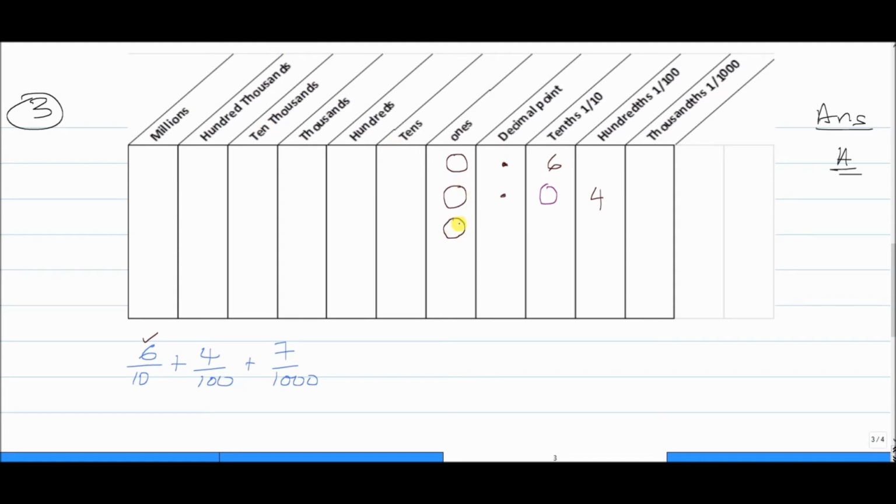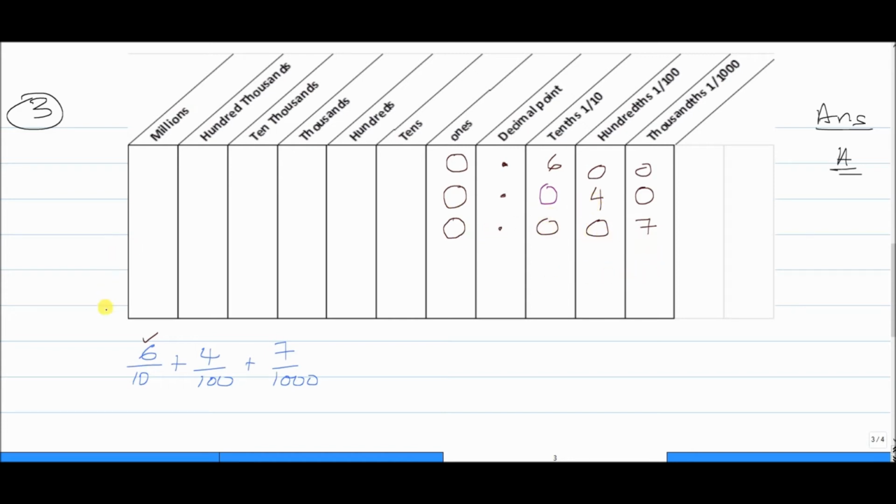So we have our placeholder there, and this would be in our thousandths, and we could fill in our placeholders as we go. Okay, so 6 tenths, 4 hundredths, and 7 thousandths.